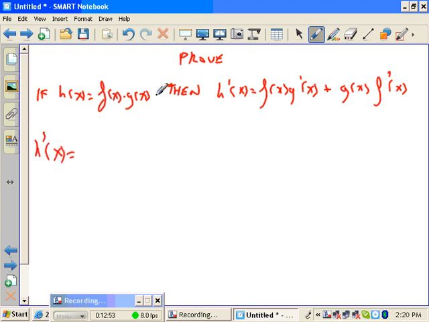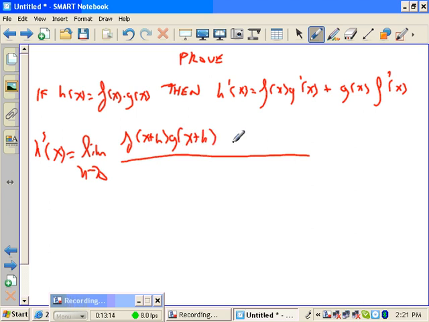Now, if this is h, how do you write that out as the limit? You know, the limit as h goes to 0. What goes in the numerator? This is h now. I need h of x plus h. It's h of x plus h minus h of x. F of x plus h times g of x plus h. What follows?